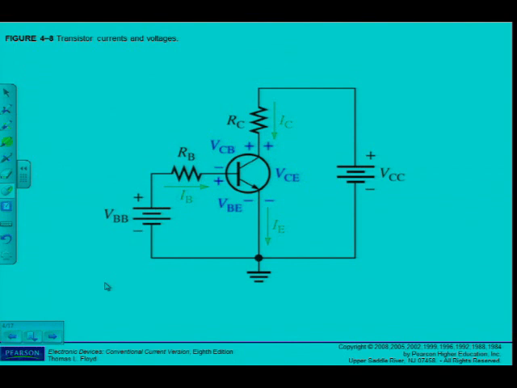Now remember, I've got the collector, base, and emitter, and we've already established that at the collector I have the collector current, at the base I have the base current, at the emitter I have the emitter current flowing in directions I've shown, and the largest being IE, which is IB plus IC. Alright, now the voltages. 3 terminals, so what will the voltages be called? Collector voltage is going to be VC.